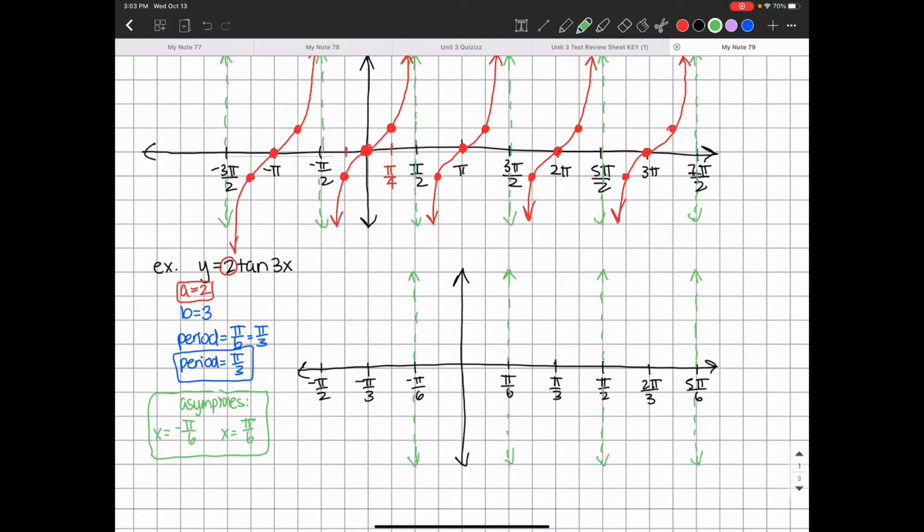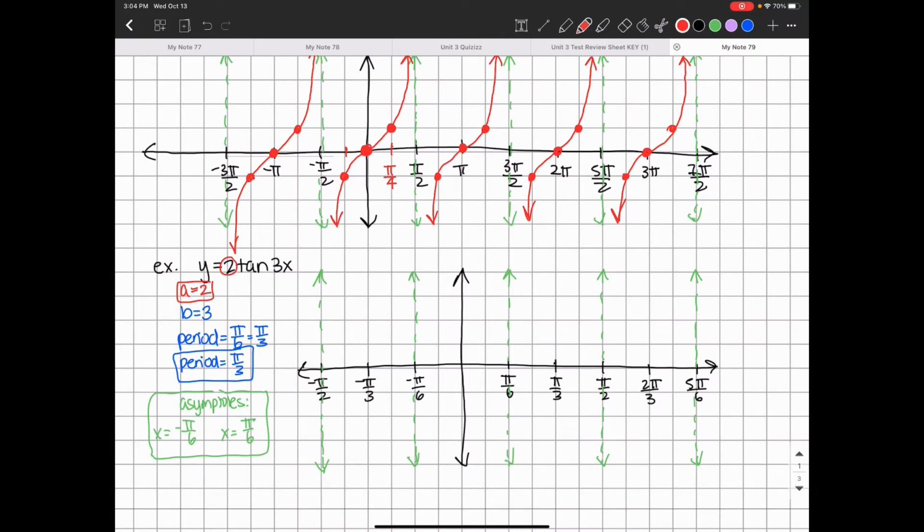On the other side, I'm skipping -pi over 3, and I'm going to -pi over 2. You can check this in your calculator, because you can use a scientific calculator on the test, as long as it doesn't have a table function. You can check where your asymptotes would be for tangent, and where your x-intercepts would be.